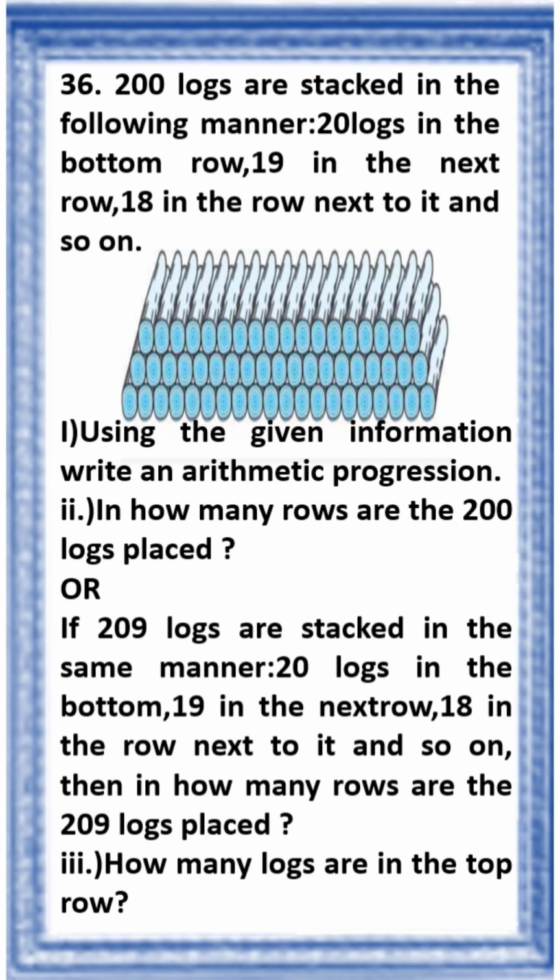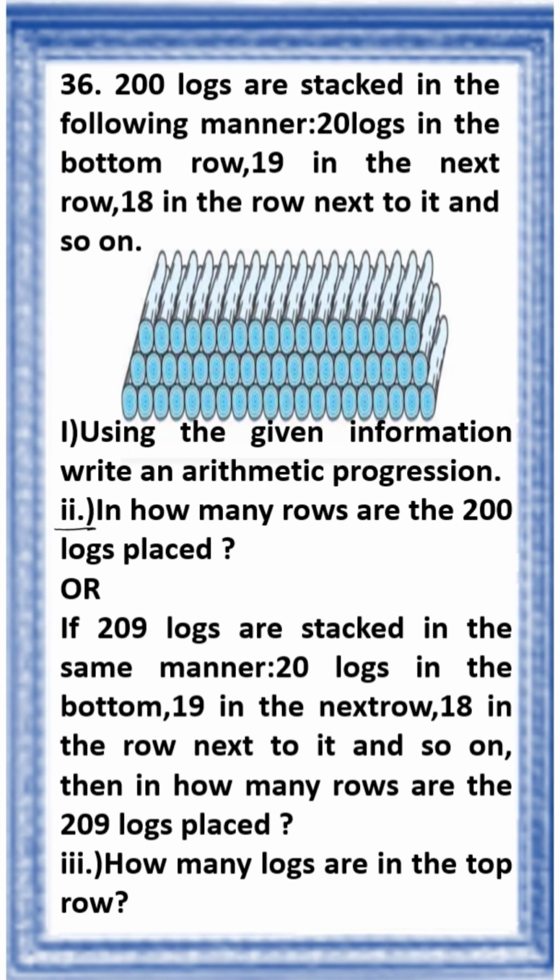Using the given information, write the arithmetic progression. In how many rows are the 200 logs placed? Or there is an internal choice for the second question: if 209 logs are stacked in the same manner, 20 logs in the bottom row, 19 in the next row, 18 in the row next to it, and so on, then in how many rows are the 209 logs placed?